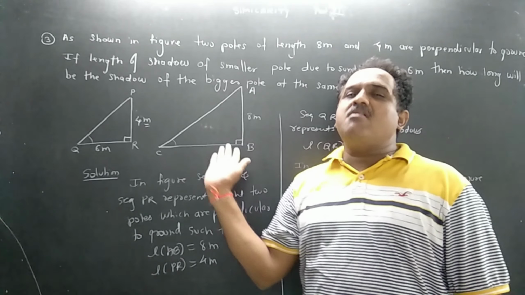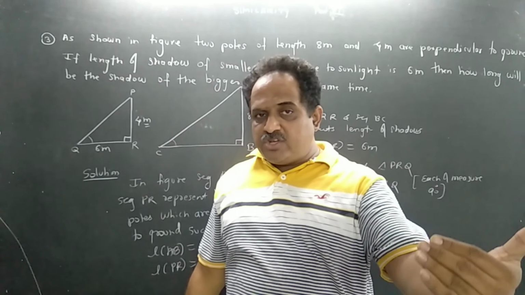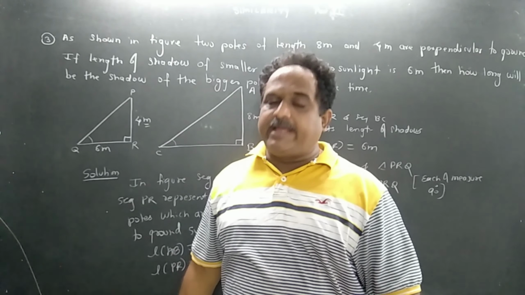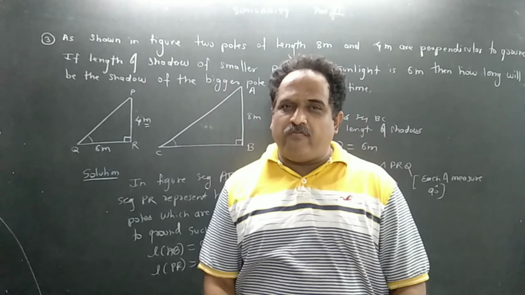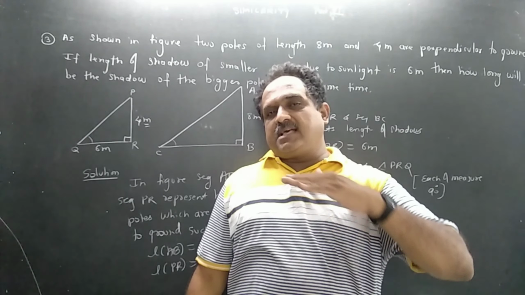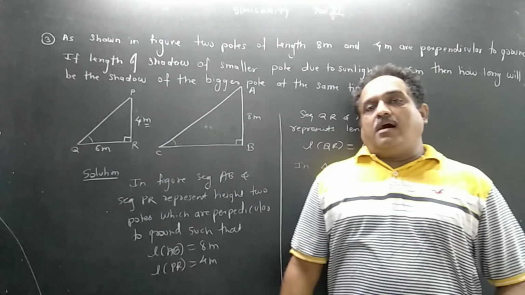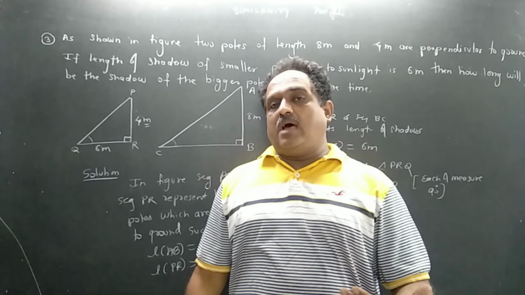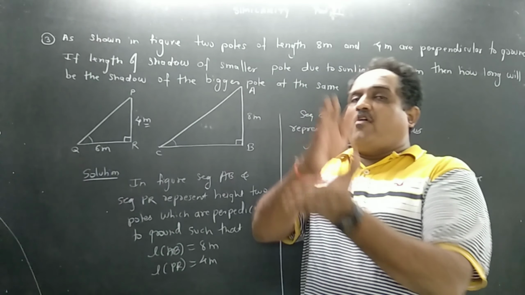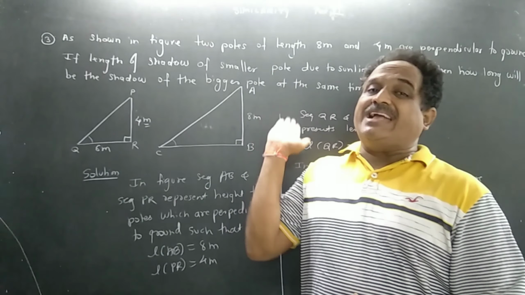But as the sun rises up, the length of our shadow will go on decreasing. At 12 noon, our shadow will be at our feet. But as sunset approaches, what happens then? Your shadow will fall on the east side, and again the length will go on increasing.